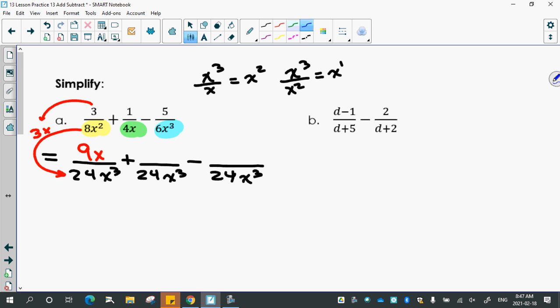And then how about the next one? What do I have to multiply 4x by to get 24x cubed? So 6x squared. So that means I have to multiply 1 by 6x squared, which is easy to multiply by 1. And then how about the last one? What do we multiply 6x cubed by to get 24x cubed?